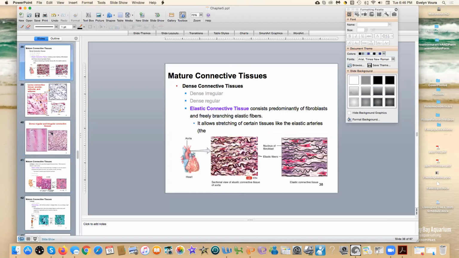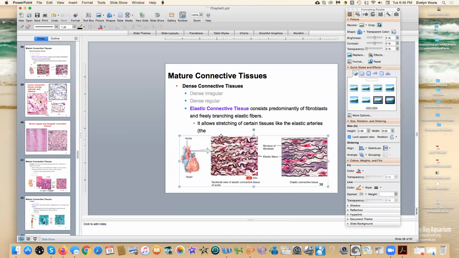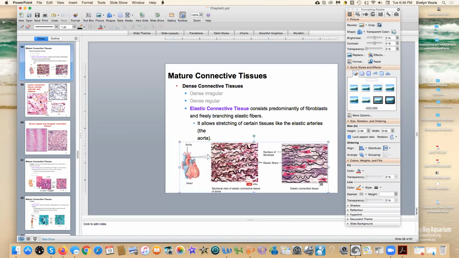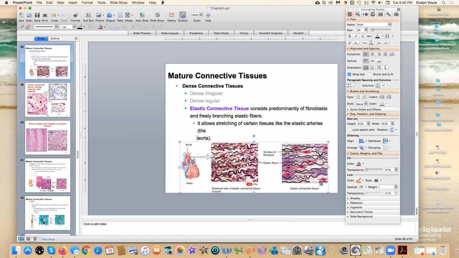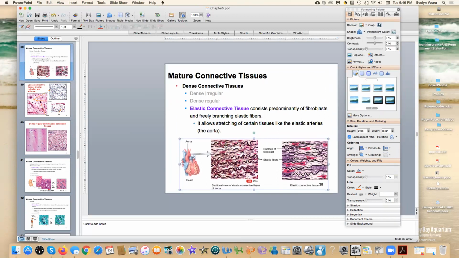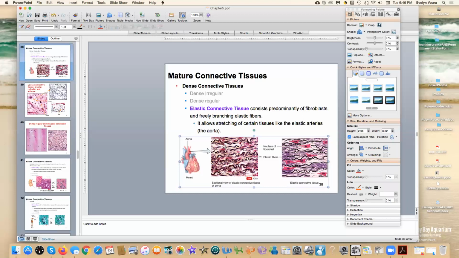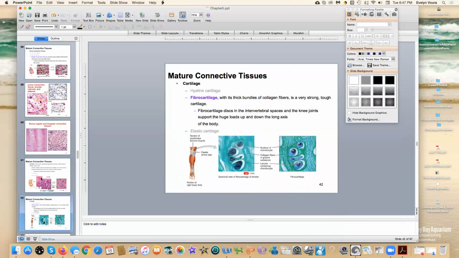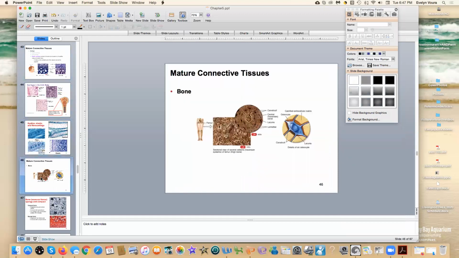And there was something else that I didn't like right here. I don't know what happened to the end of this slide. There we go. Let's fix that. The aorta, which matches what's down here. And that way you'll understand what happened. And when I post this, I'll say I moved around a few slides in the cartilage section so that you are not thrown by that.